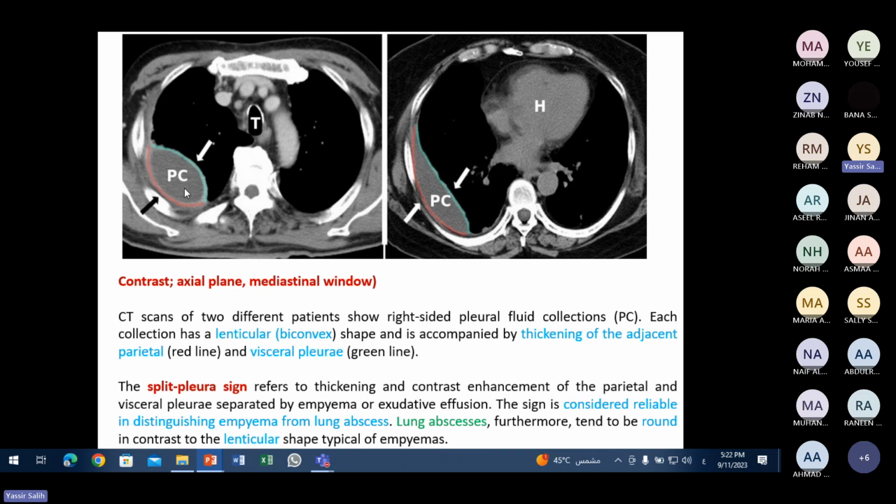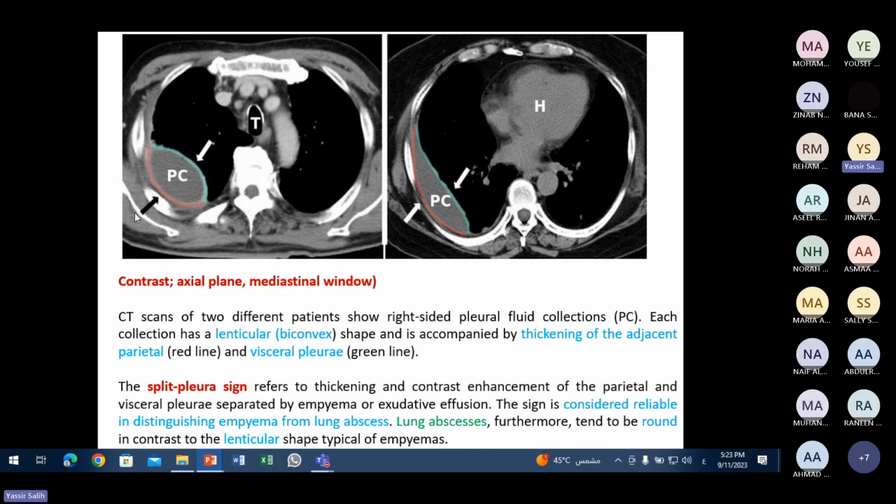In between them there is a collection وبتكون ال shape of this collection biconvex or بيسموه lenticular in shape.